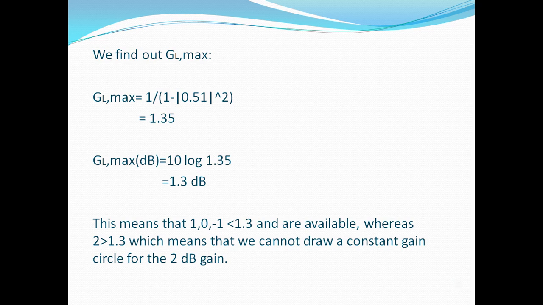So we can draw constant gain circles for these 3 gains. Whereas 2, given in the example, is larger than the maximum gain of the load, which means that we cannot draw a constant gain circle for the 2 dB gain given in the example.